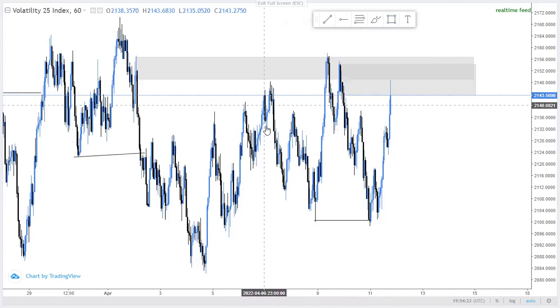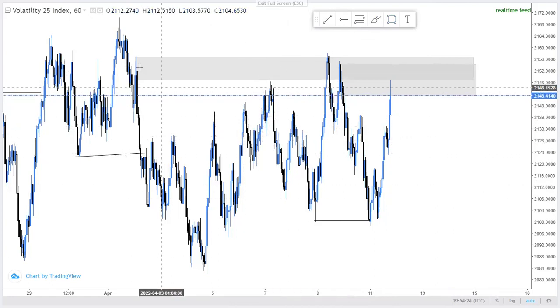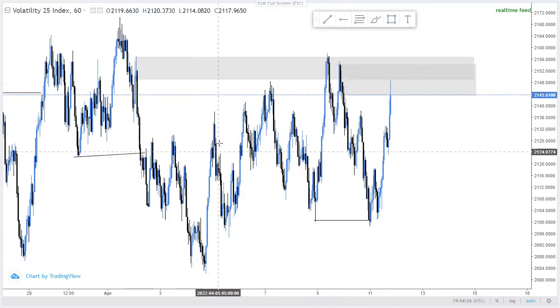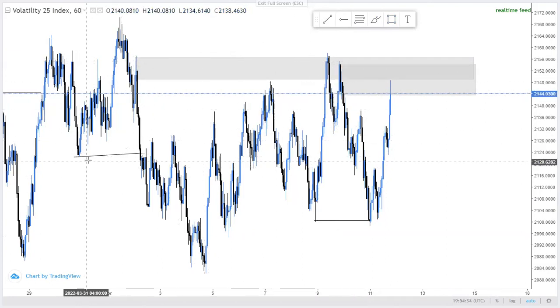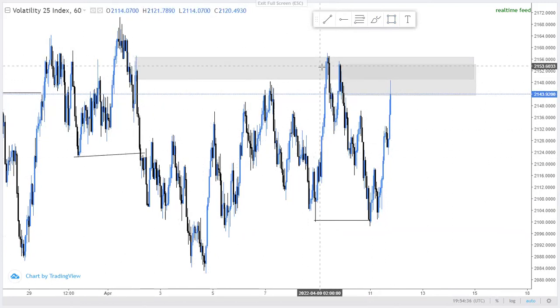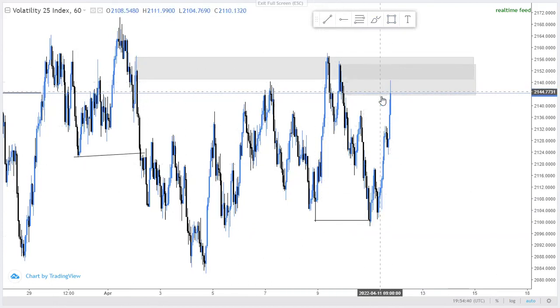So I'm basically saying that we've been having price from here doing whatever it was doing, until we tapped into the order block, the main order block after this break of structure here was this one. Now, after this break of structure here, the main order block is this one. So we're supposed to sell from this point.